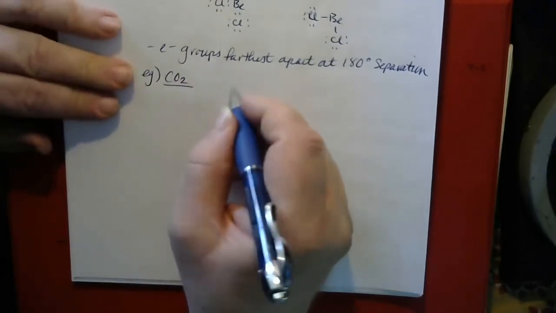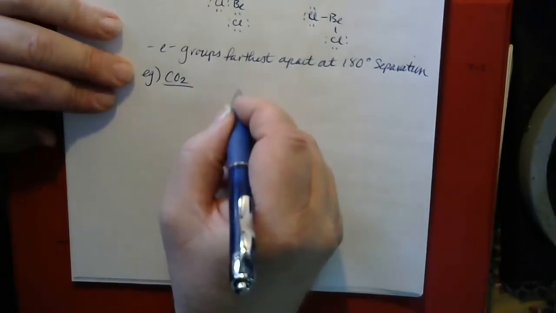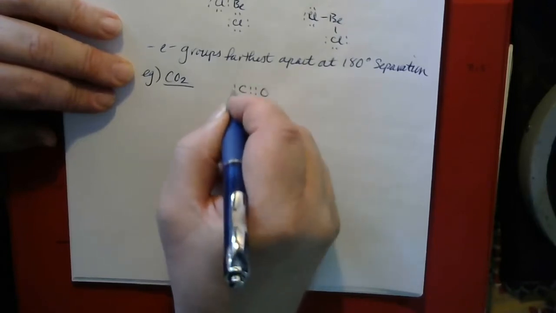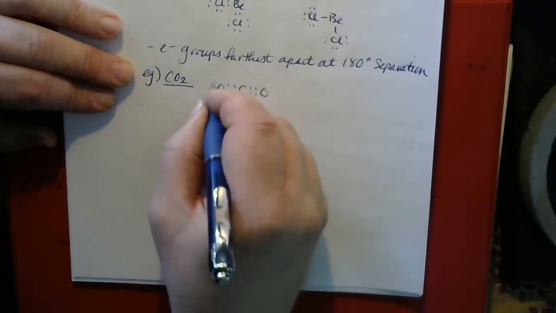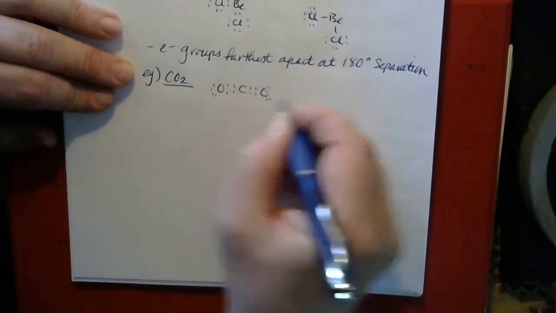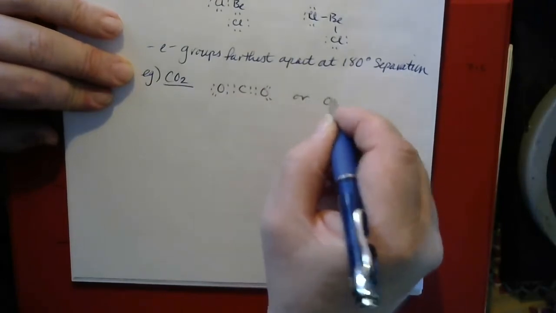Another example is CO2. When we do the Lewis structure for CO2, we end up with this, or this.